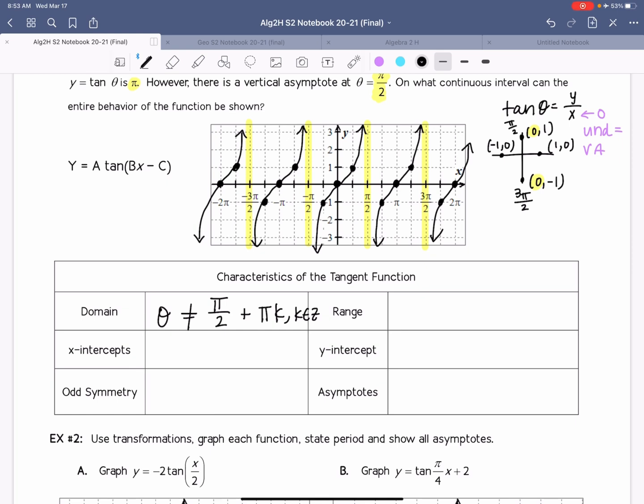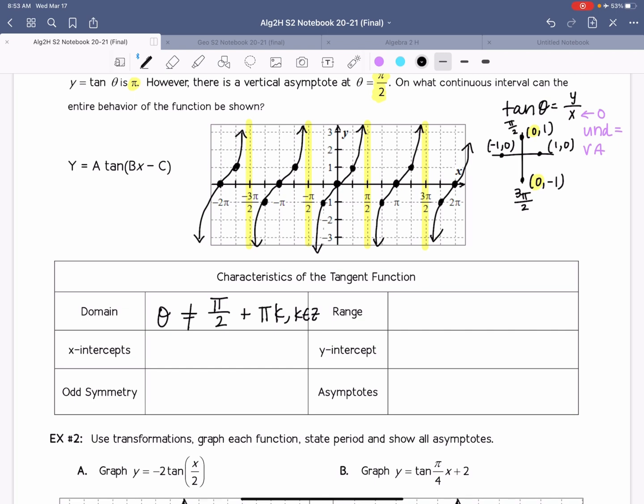And then the next one, I plug in 1. So pi over 2 plus pi is 3 pi over 2. Have an asymptote. And then if I plug in 2, add 2 pi, so that would be 5 pi over 2, I would have an asymptote. Over and over, forever and ever. So that's how we write this to account for this continuous set of vertical asymptotes.